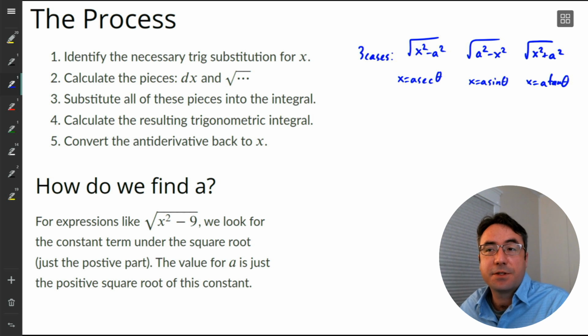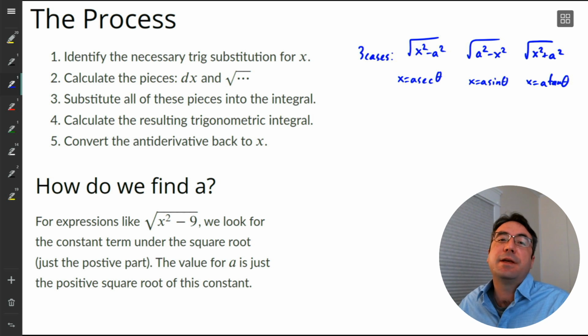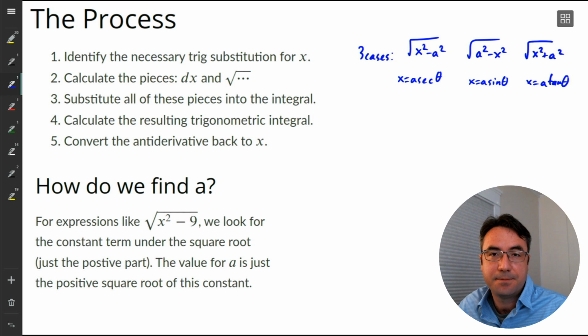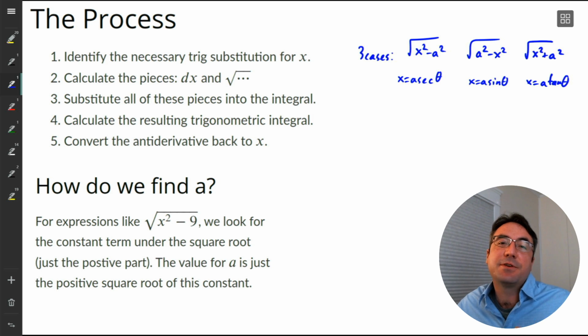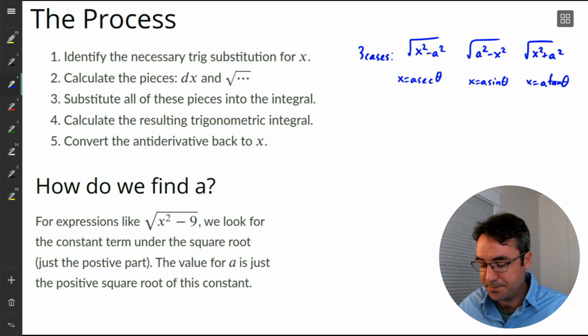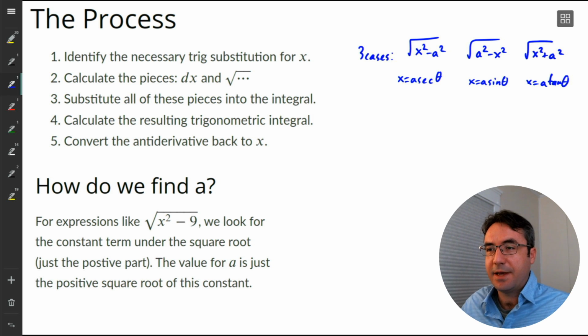And that's step 4: calculate the resulting trig integral. Finally, once we have our antiderivative of the trig integral, it'll still be in terms of theta. So the last step is to convert our antiderivative back to the original variable x. We'll talk a little more about that in a few seconds.